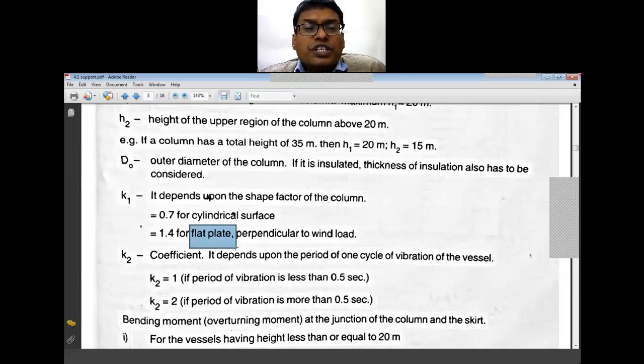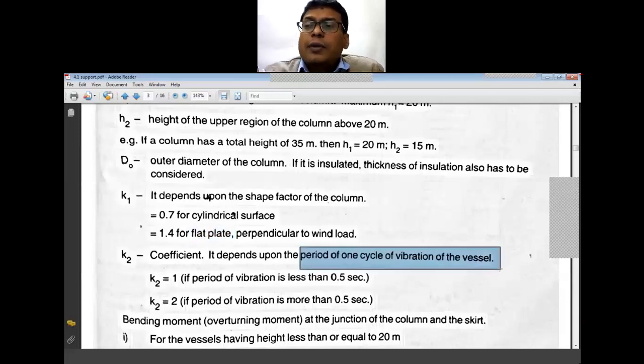And K2 is another constant. This is the coefficient depending upon the period of one cycle of vibration of the vessel. That means the period of one cycle of the vibration of the vessel. This is the vibration that will be exerted because of the wind.